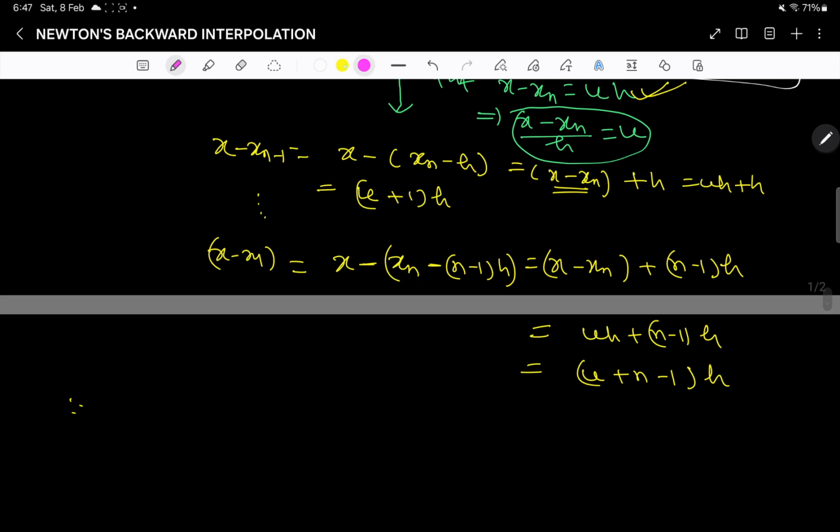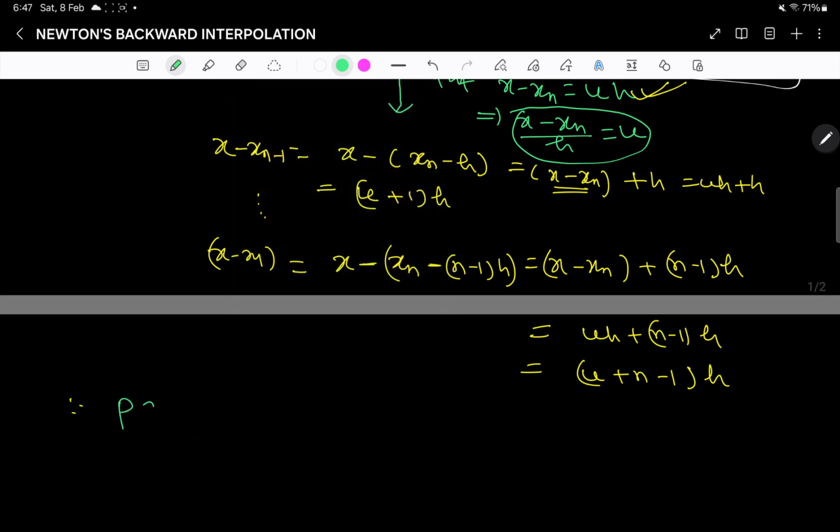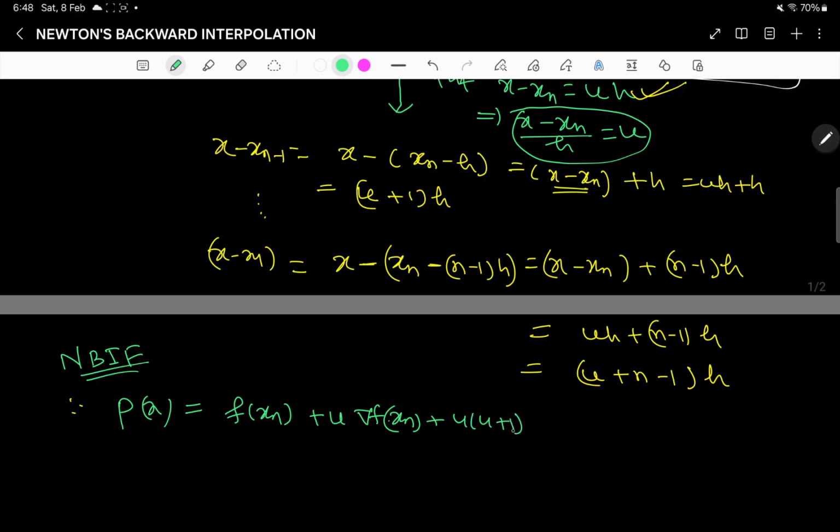Therefore your px, the necessary formula for Newton backward interpolation, will be px equals f of xn plus u inverted del fxn, plus u into u plus 1 del square fxn by factorial 2.